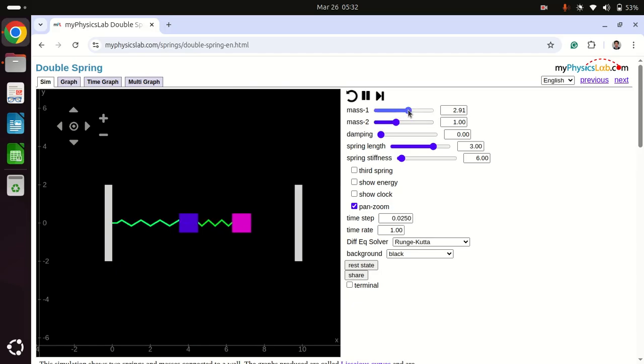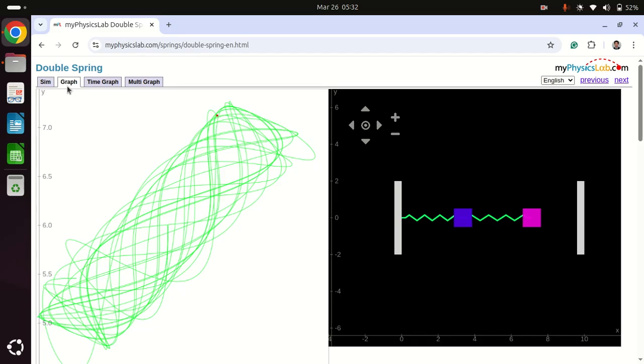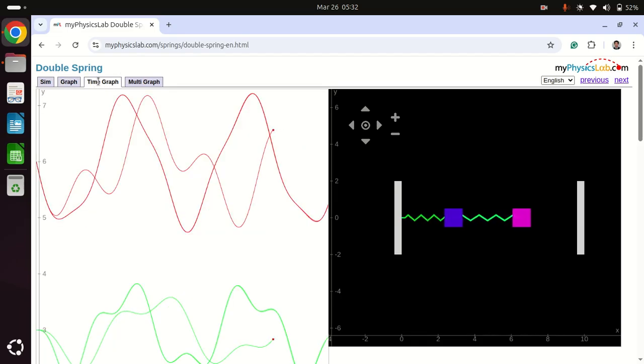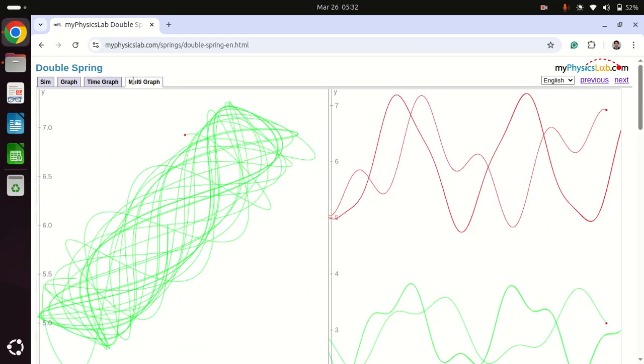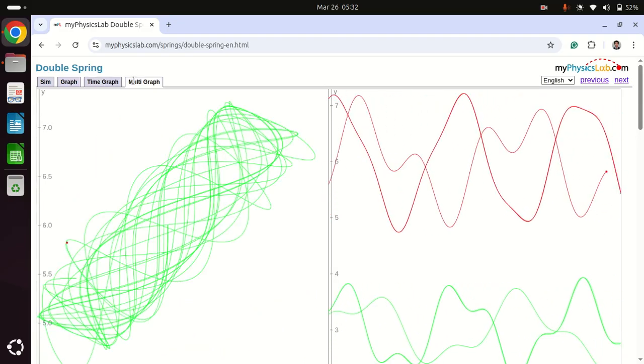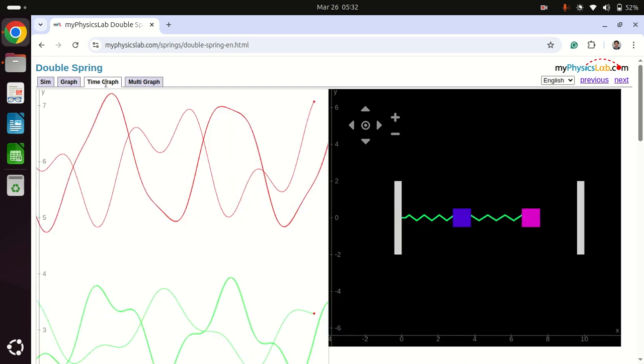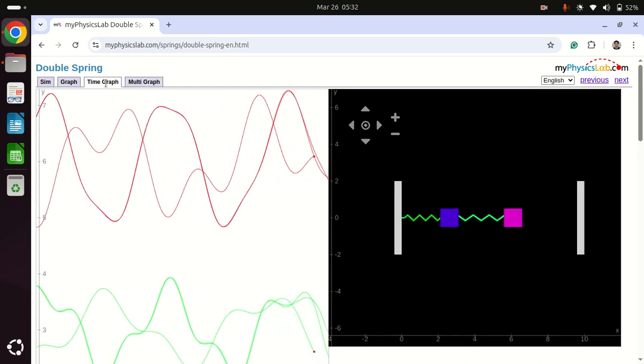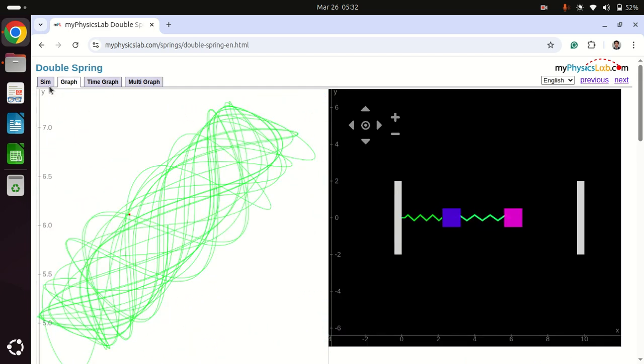Now let's have different masses. Now we are not able to understand what is going to happen because of this complex behavior.